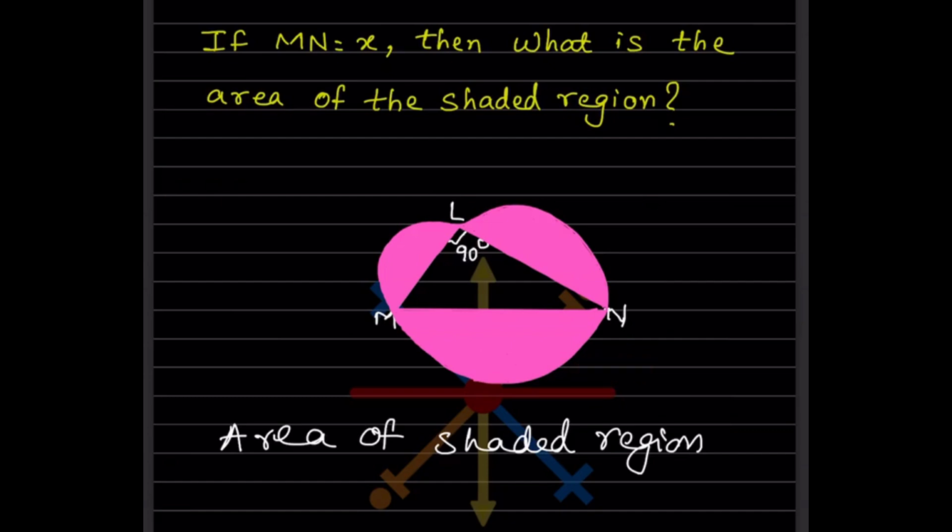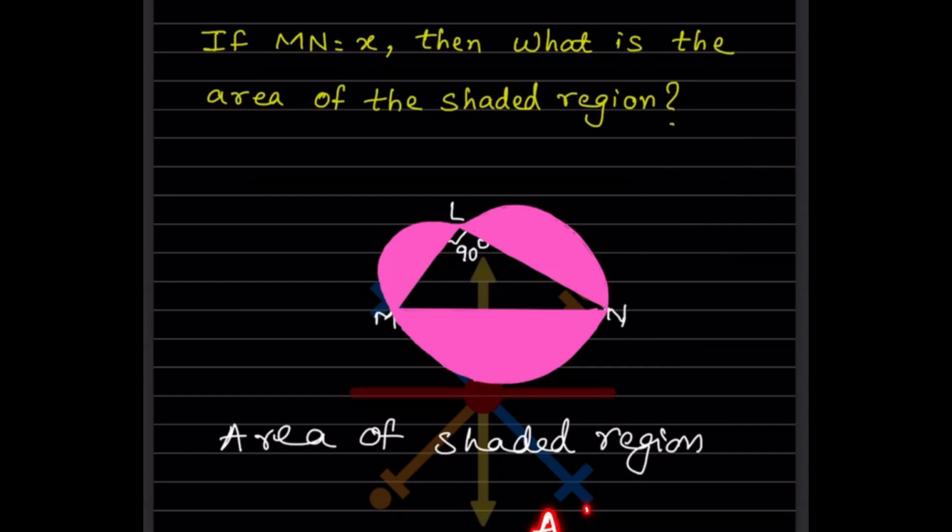When you solve this, take LM: this is the diameter of it, and half of it is going to be the radius. So now let us see step by step first.